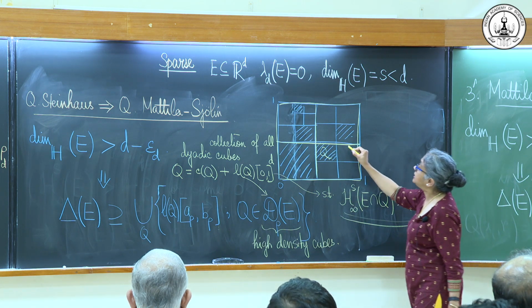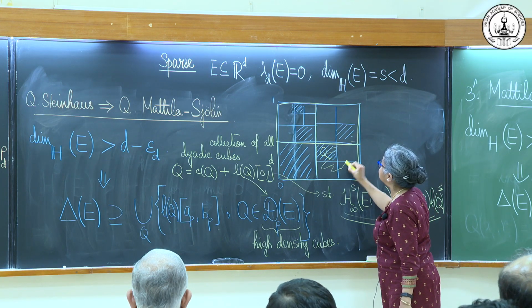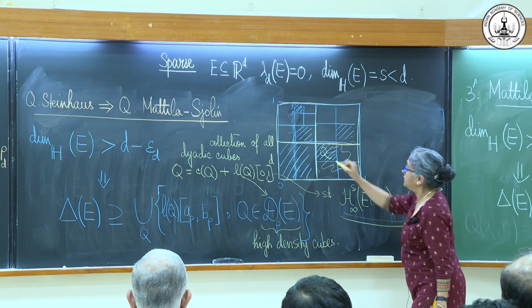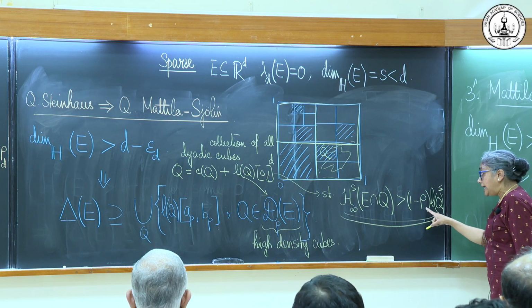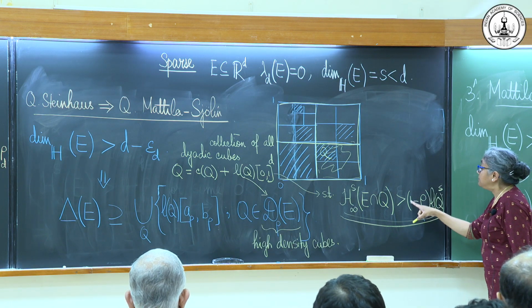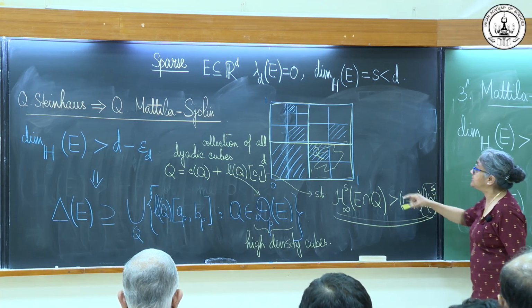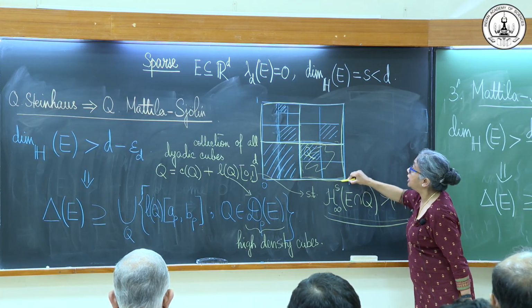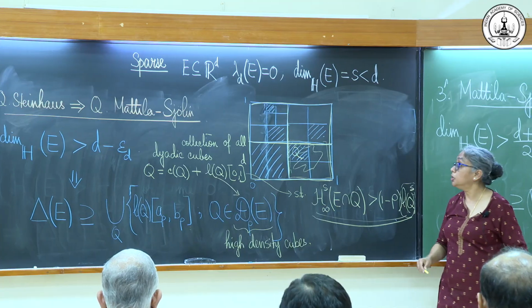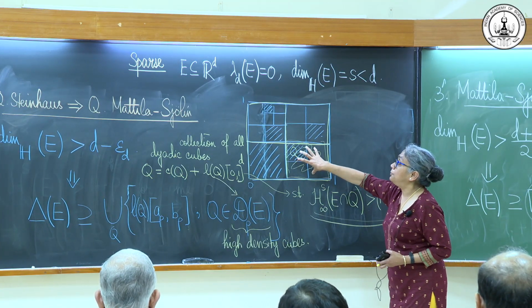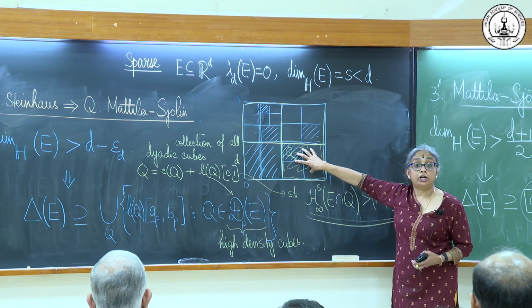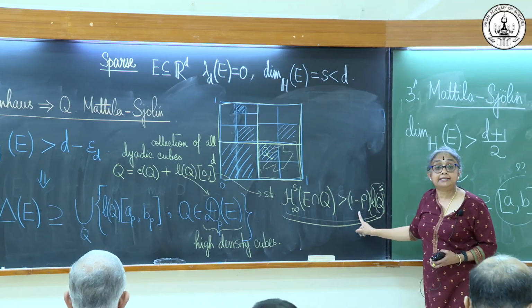So when we look at the proportion of E inside one of these children, does it exceed at least 1 minus rho times l(Q) to the power of s? This is the s-dimensional Hausdorff content of this cube. So does E occupy a large proportion of this child in this sense?